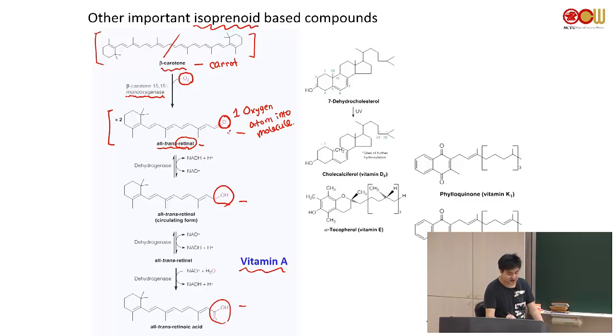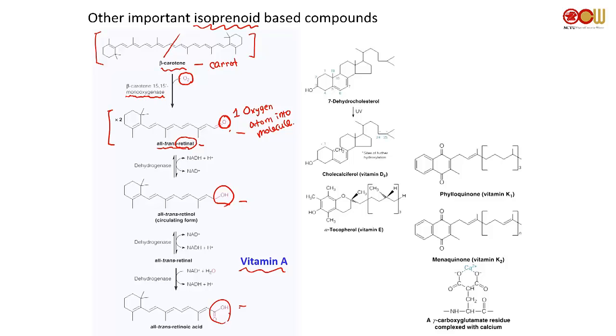Aldehyde to acid is another oxidation. You must get this straight: alcohol, aldehyde, and acid will repeatedly appear in biochemistry. So always remember alcohol, aldehyde, acid, or acid, aldehyde, alcohol. So that's vitamin A.